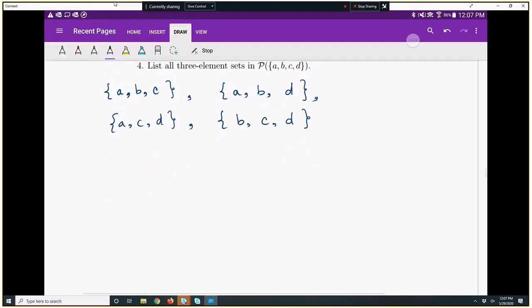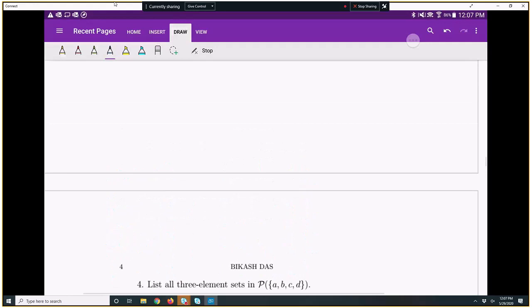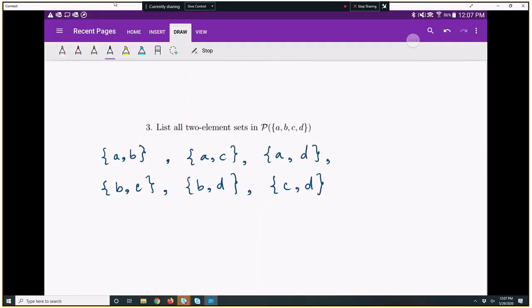If I wasn't sure that I had gotten all of them, I could simply write down the power set of A, B, C, D, and then pick them all out.